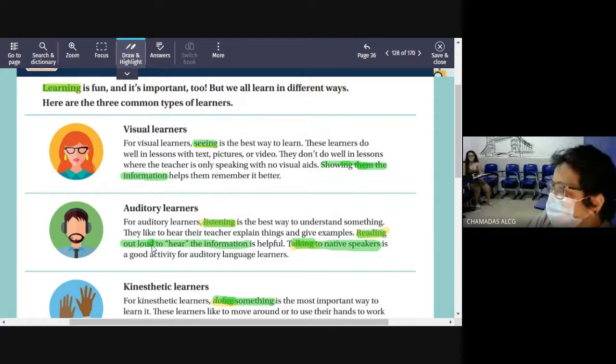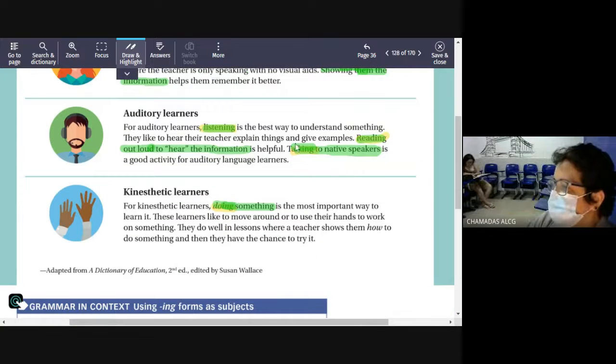Reading out loud, it's just the beginning, but we have here reading out loud to hear the information, and then here we have the verb and the complement. Okay, so this is the subject. Talking to native speakers is, okay, doing something is, all right.